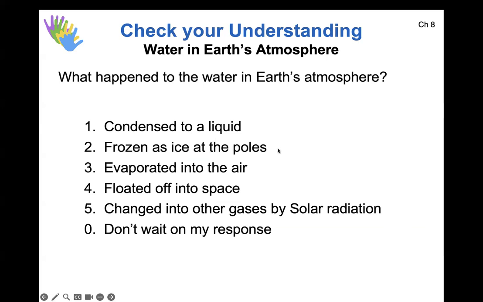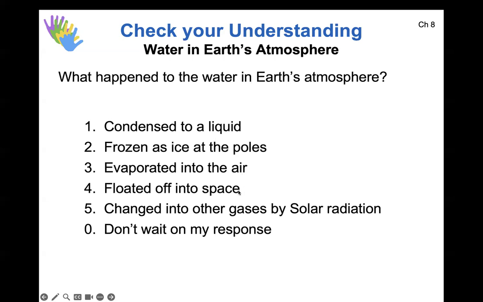But anyway, current question. What happened to the water in Earth's atmosphere? What do you think? All right. Seems reasonable, right? It condensed, right? Evaporated into the air wouldn't, it'd still be there, right? Because after all, we're all talking about a gas. Okay.